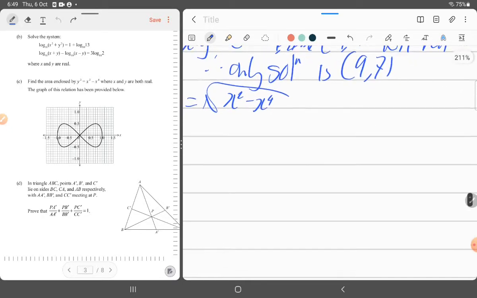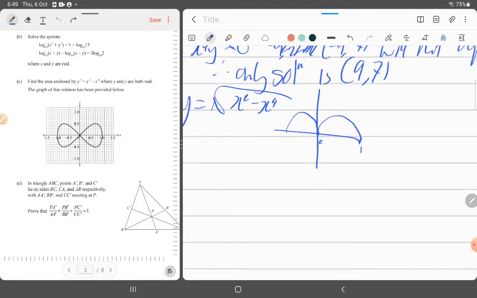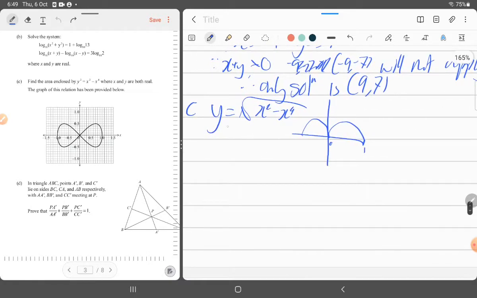But this is now like this. So from here to here is 0, here is 1. So we can integrate the square root of x squared take away x to the power 4 from 0 to 1.